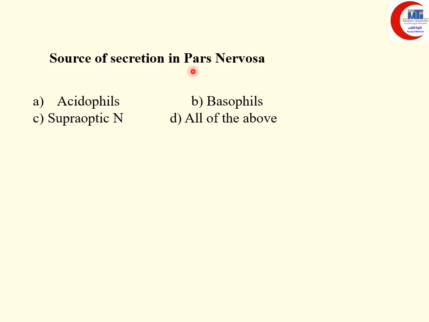Source of secretion in pars nervosa. We mentioned that there are no secretory cells in pars nervosa. The secretion comes from the supraoptic and paraventricular nuclei in the hypothalamus. So the right answer is letter C, supraoptic nucleus in the hypothalamus, not acidophils or basophils, which are present in the pars distalis.